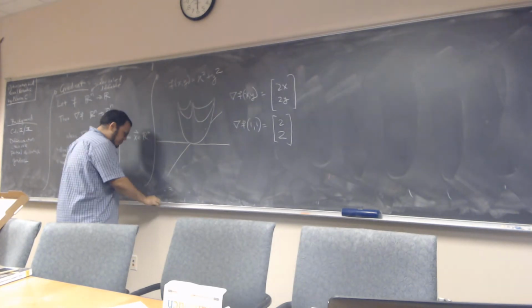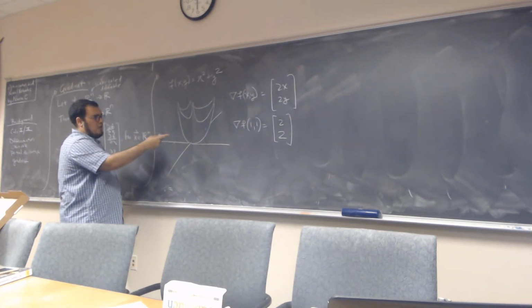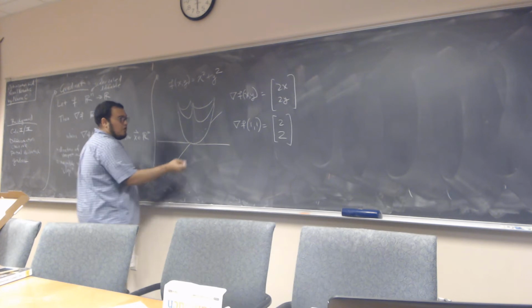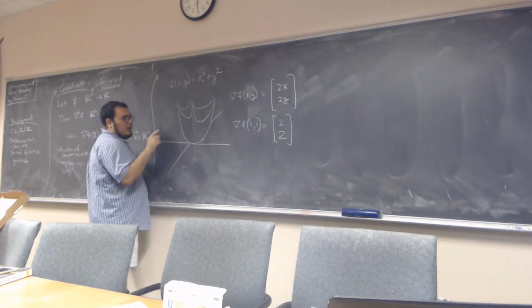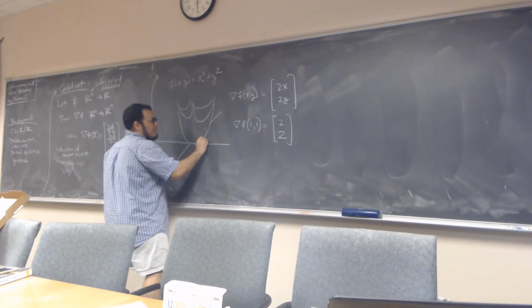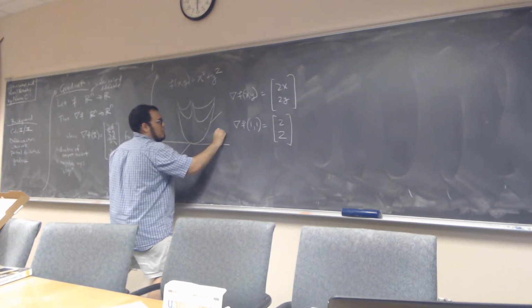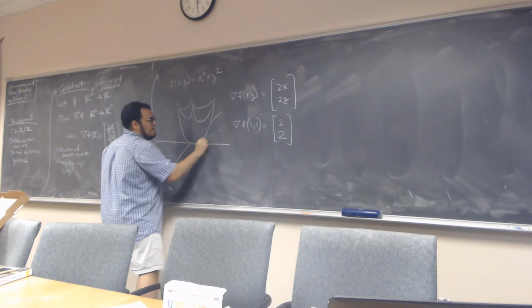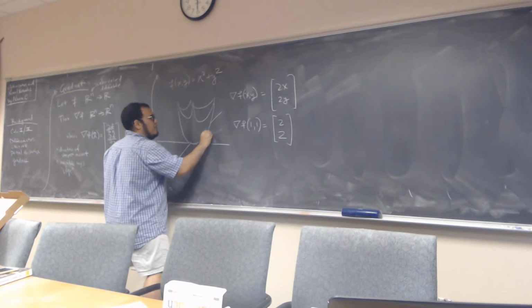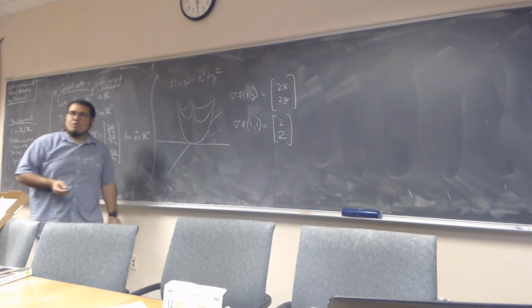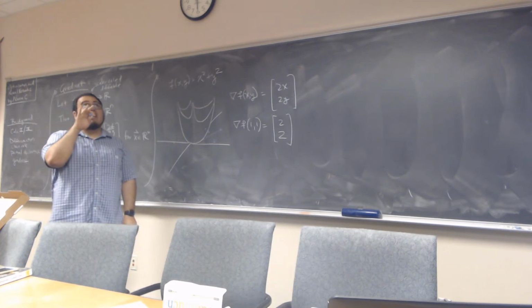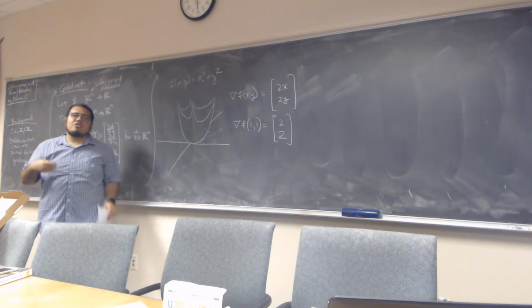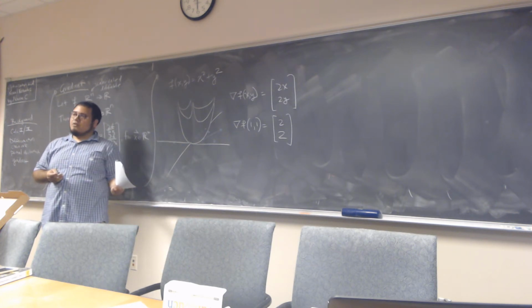So if I were to plot this vector on this plane, right, we'd go to the point (1, 1), and then from (1, 1), we can draw a vector that has leg lengths 2 and 2. Okay? Now that tells us the direction of steepest ascent. But what if I wanted to know where the minimum of this function is? What could I do with that gradient?